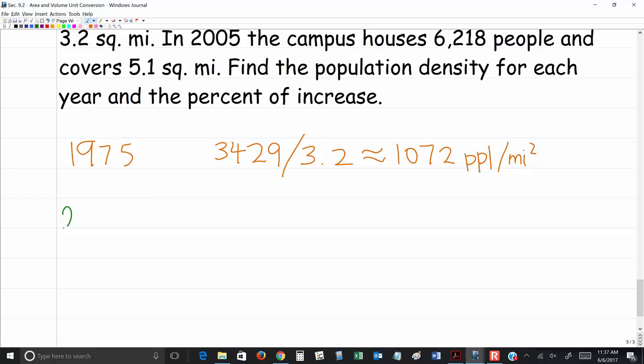And then for the year 2005, you had 6,218 people divided by 5.1 square miles. So that's approximately 1,219 people per square mile.